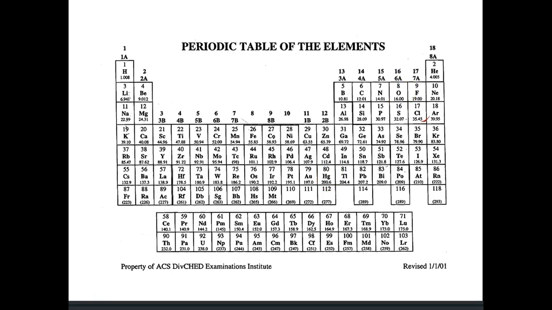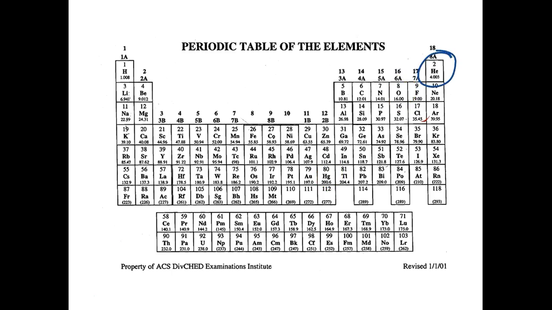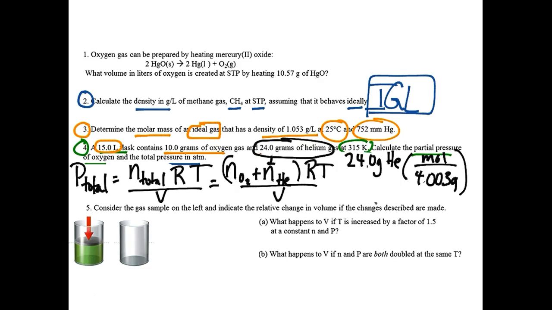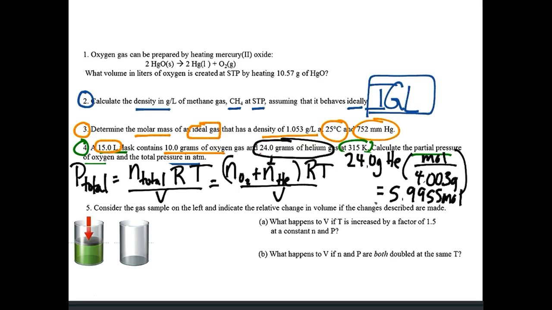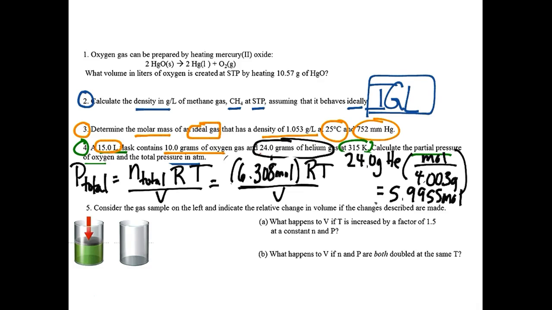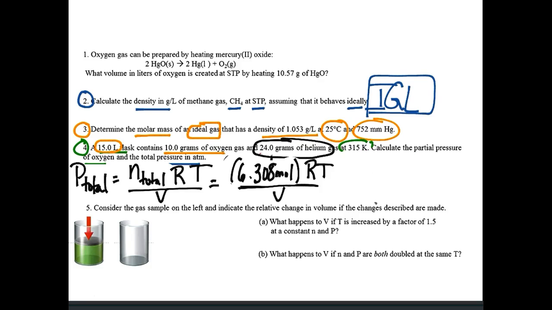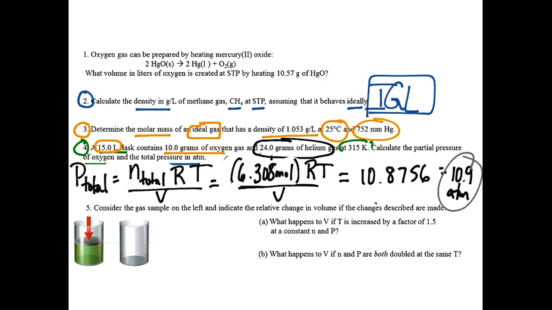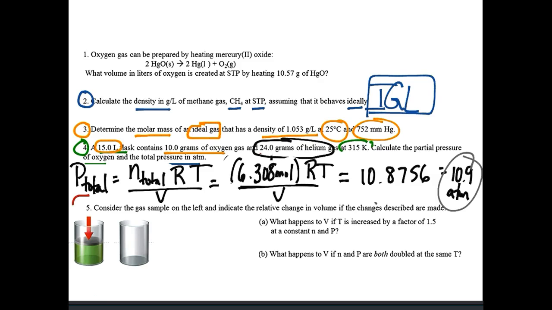Helium has a molar mass of 4.003, it's here. So 24 grams divided by 4.003 gives you 5.9955 moles of helium. If you add that to the moles of oxygen we calculated at the beginning, you get 6.308. And then you solve for P total, and you get 10.8756, or 10.9 atmospheres total. You should get the same value regardless of how you do it.